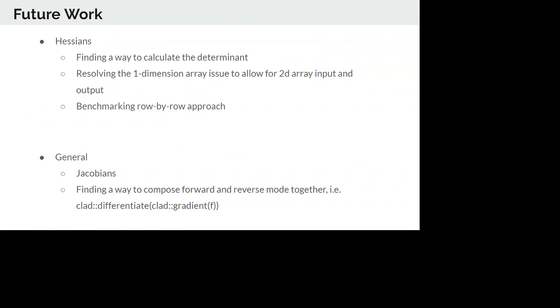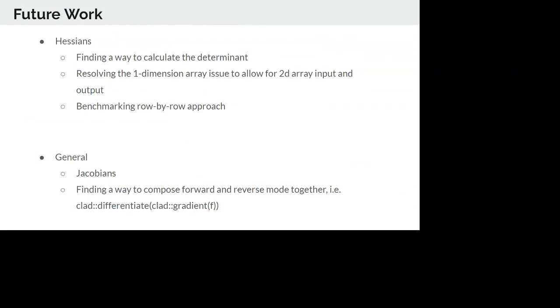I also did talk about Jacobians, but since that's a work in progress, I won't get into too much detail because the details of it may change during implementation. But to put it simply, right now we're trying to build upon the reverse mode visitor of CLAD gradient.